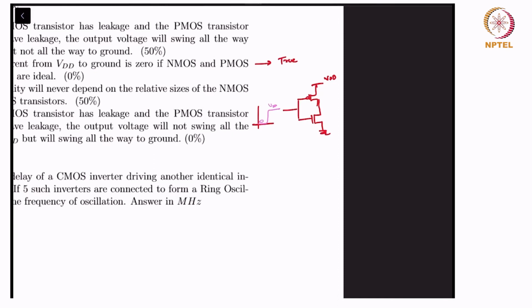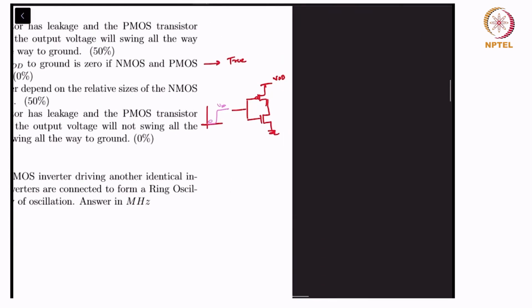So both the NMOS and PMOS will fight, and since both of them are fighting, the output voltage will never actually fully reach VDD.